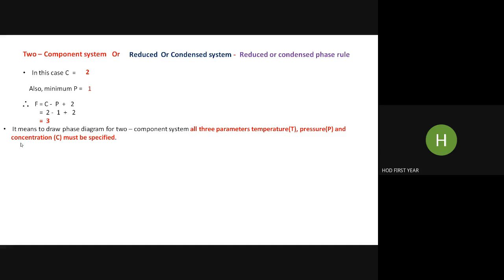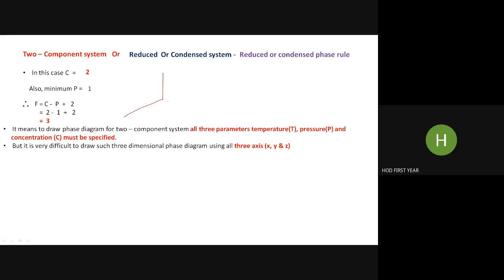All three must be specified. Okay, but it is very difficult to draw such three-dimensional phase diagrams using all three axes. You understand the meaning of this? Then you may understand the meaning of the statement. See, here F is equal to 3. 3 means what?